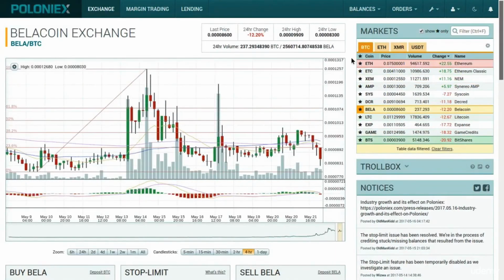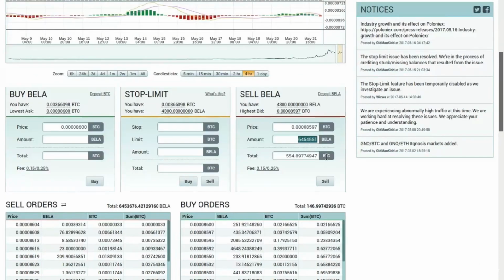And if we go down here below, we are going to see that there's a total of, let's say, 147 Bitcoin under the buy orders. And we go over to the sell orders and we see that they're in Bella. So to transfer those into Bitcoin to get a better ratio of what is on the buy side versus the sell side, I'm going to go ahead and use the last price and just enter the sell orders in here.